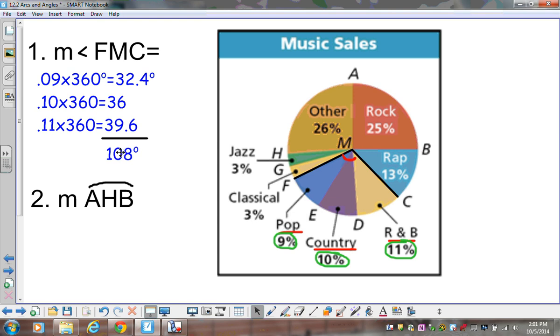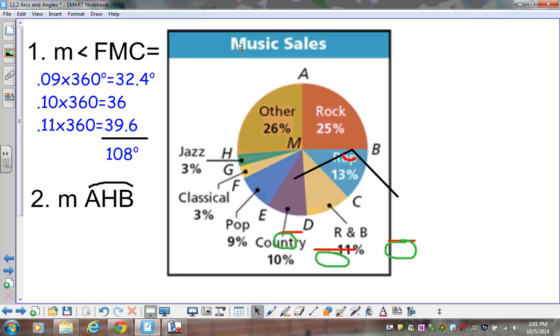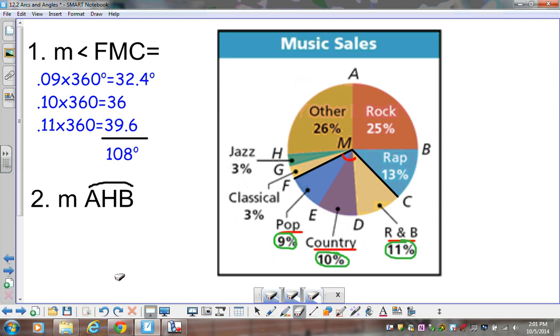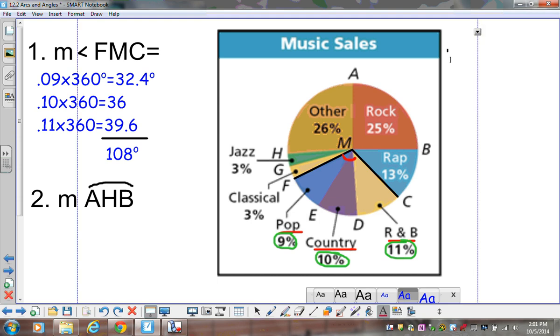The other way to do it is to take our percentages and add them up and then convert it once to degrees. I'm going to do that just over here on the other side. There we go. We'll keep it there. So next thing I want to do is add up my percentages. So I took 9%, 10%, and 11%, and I added those up. That gives me 30%. So the other way I can do this is I can take my 30%, which as a decimal is 0.3.